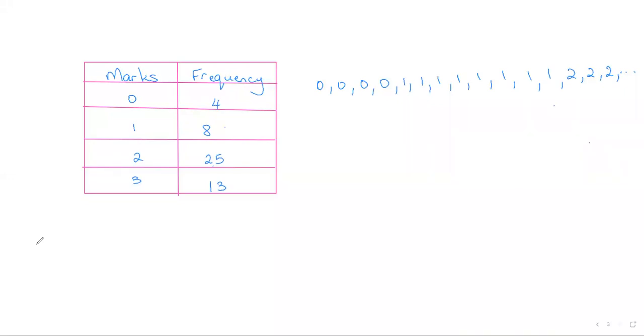So let's say they gave us these and they asked you to find the median. Now, in order to find the median, we know that it was a half of the number of numbers plus 1.